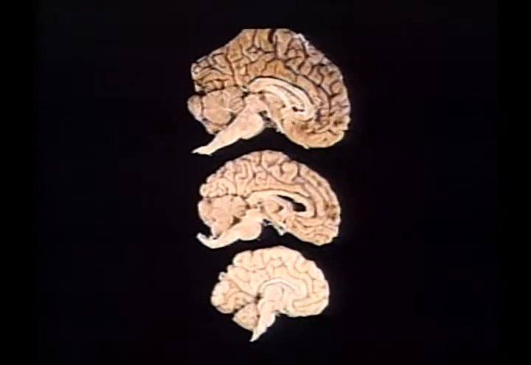The top is that of an individual who is normal. The middle is that of a patient with Alzheimer's disease. And the bottom is that of a brain from a patient who is about 16 months old. What you notice is that the middle brain, the Alzheimer brain, looks more like the infant's brain than it does like the adult's brain with regards to size.